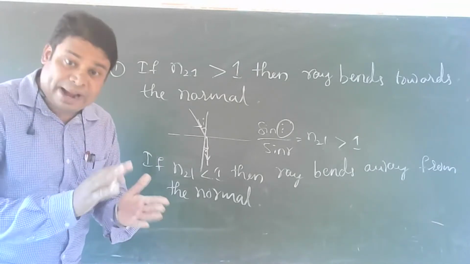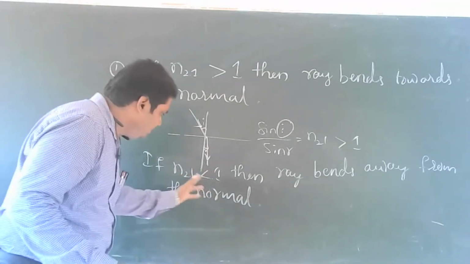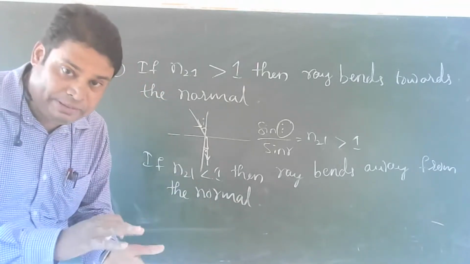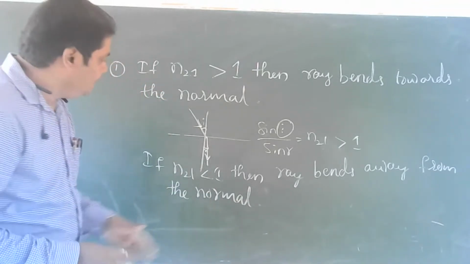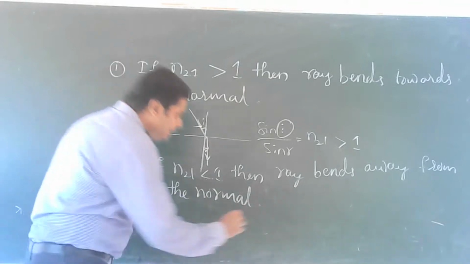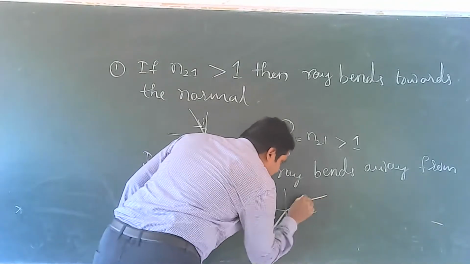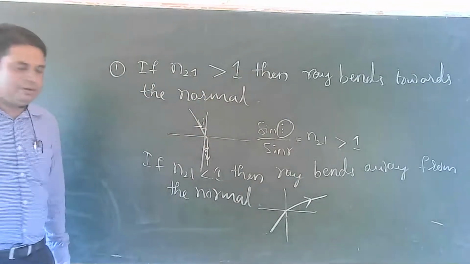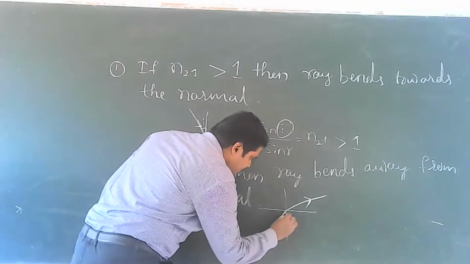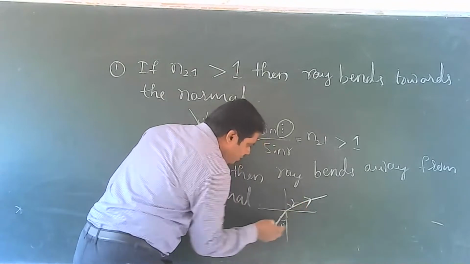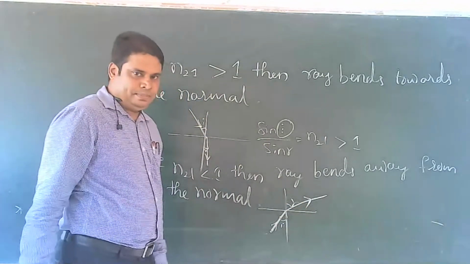When the refractive index of the second medium with respect to the first medium, n21, is less than 1, your ray will bend away from the normal. This is i, this is r, with respect to the normal only.